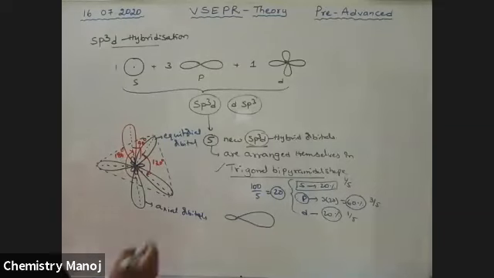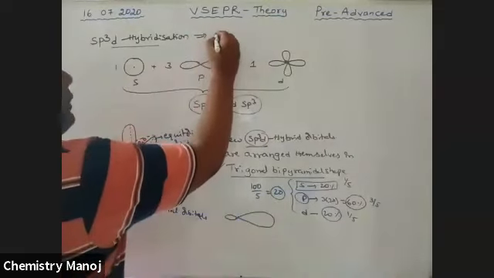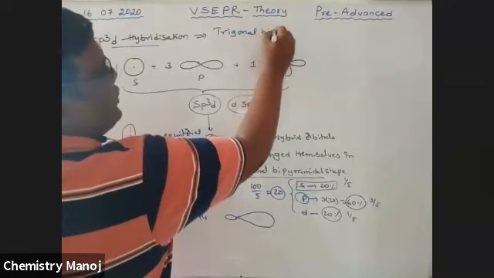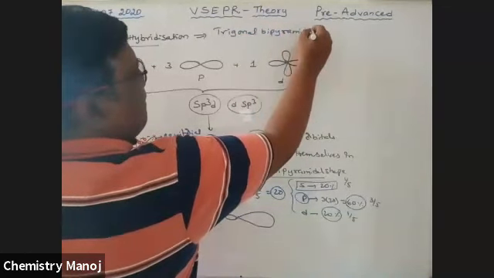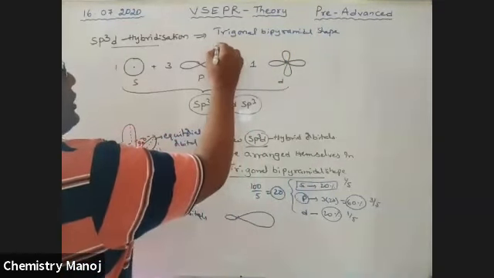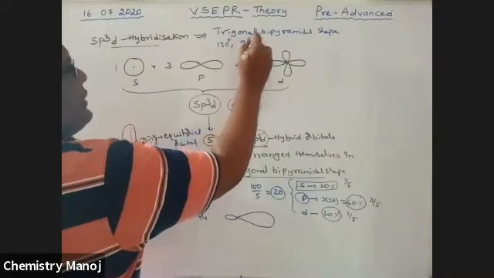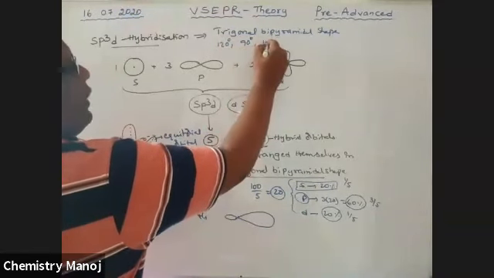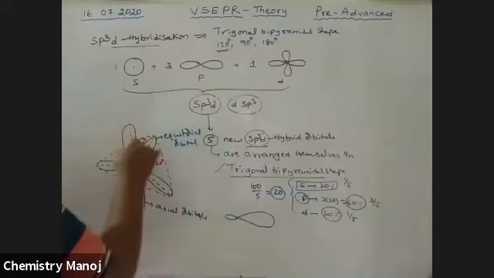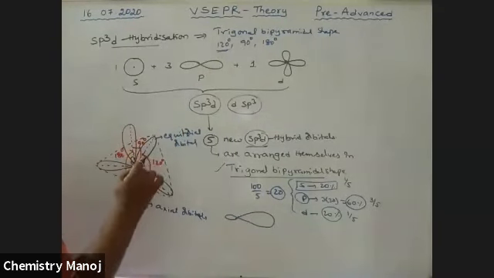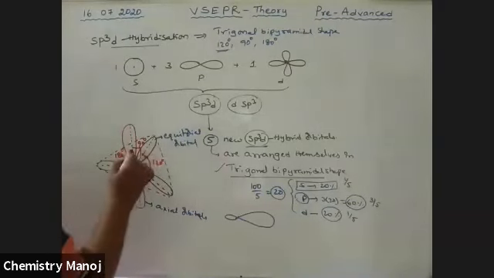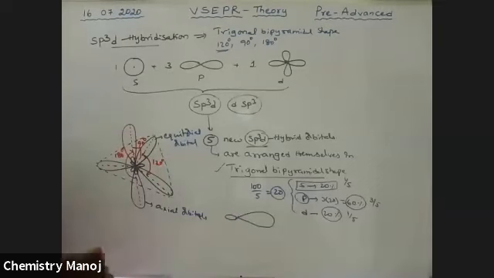Whenever sp3d hybridization takes place, the shape is trigonal bipyramidal, and the bond angles are 120 degrees, 90 degrees, and 180 degrees. 120 is between equatorial orbitals, 90 is between axial and equatorial, and 180 is between axial and axial.